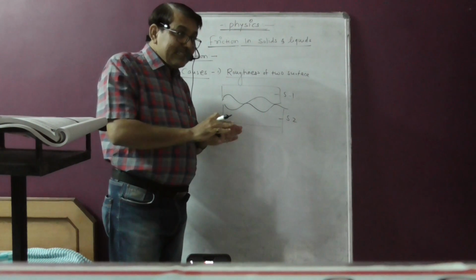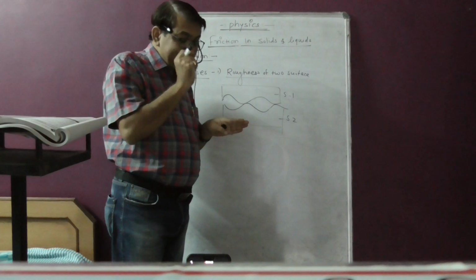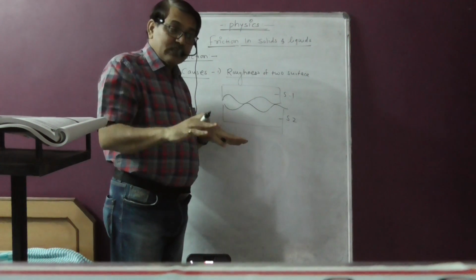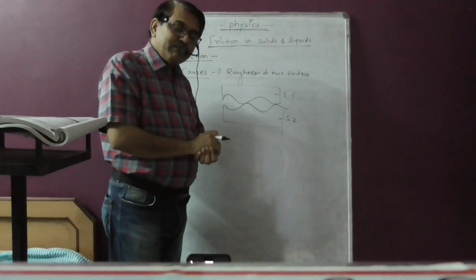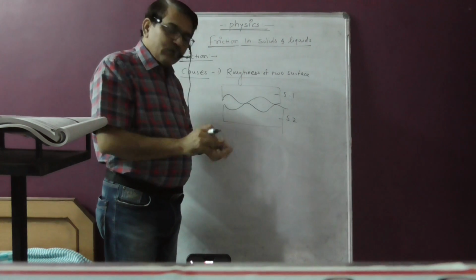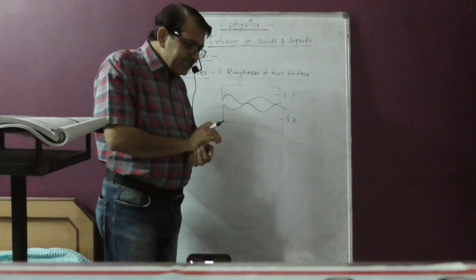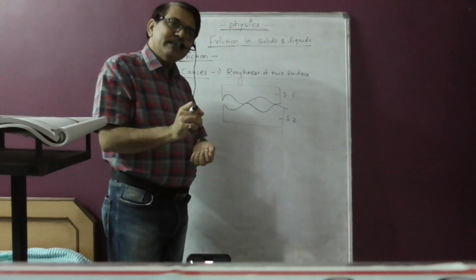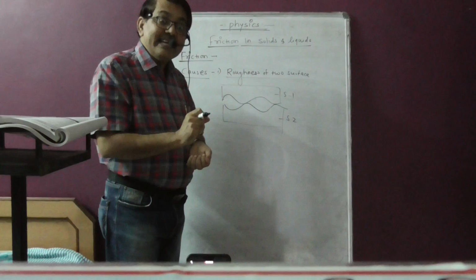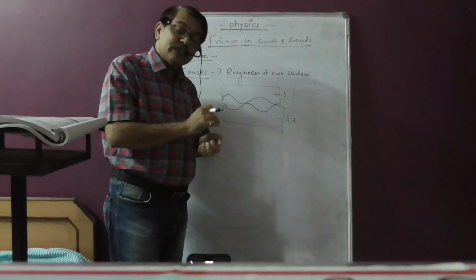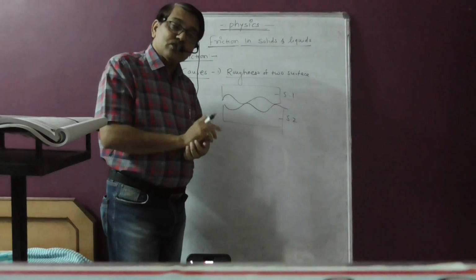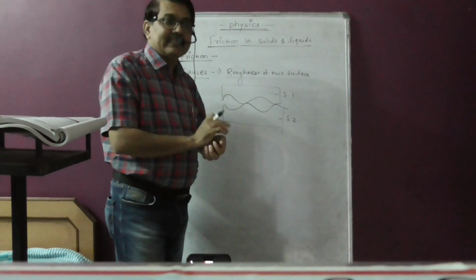Superficially, on the upper part of the surface, you can see it is very smooth, but if you observe that surface with a microscope, there will be heels and deals, irregularities, on that surface, which we cannot see with the naked eye but can see through the microscope.